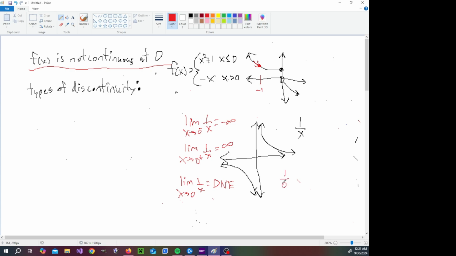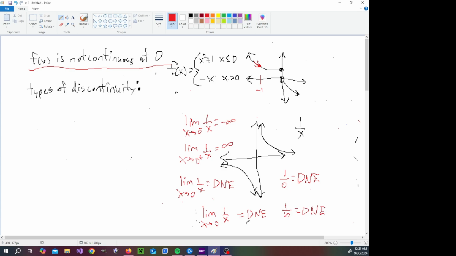Also, 1 over 0 on its own does not exist. So even though I can't plug in either side, it's kind of true to say the limit of 1 over x doesn't exist. We write it equals doesn't exist, and plugging in 0 doesn't exist.